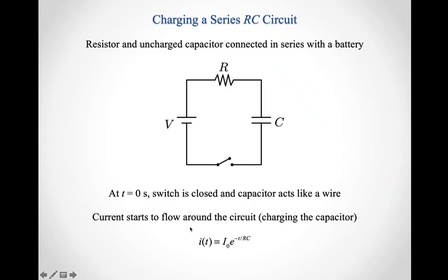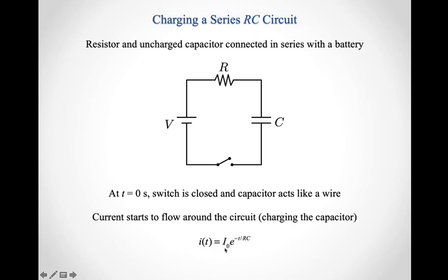And this particular function that describes how the current decays within our circuit is given here at the bottom of the screen. So this is saying that the current as a function of time, and again, the current changes in the circuit, which is why we're using a lowercase i here. The current as a function of time, not multiplied by time, but as a function of time, is equal to the initial current in the circuit.